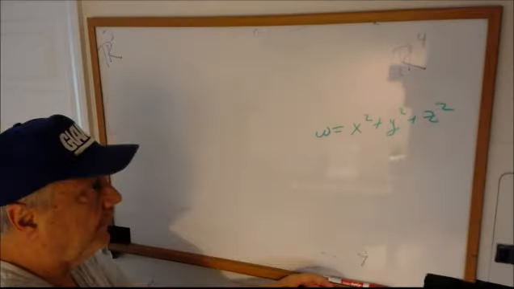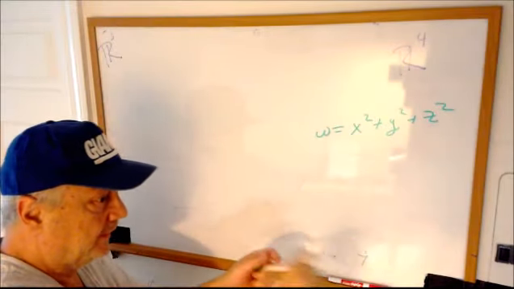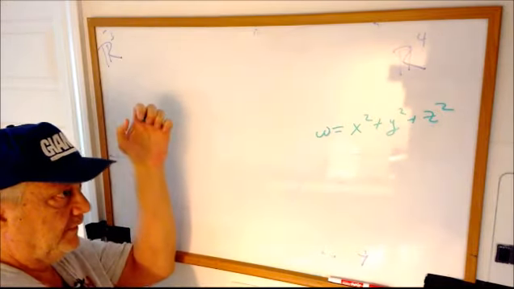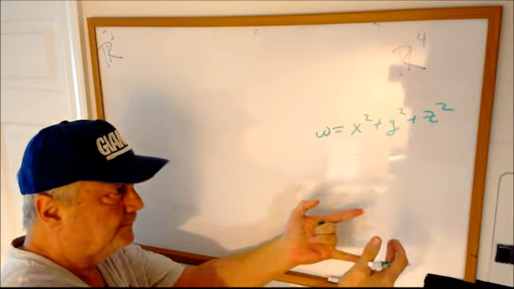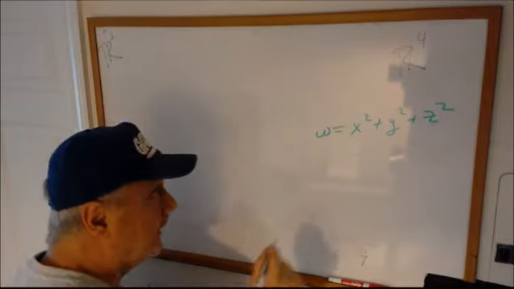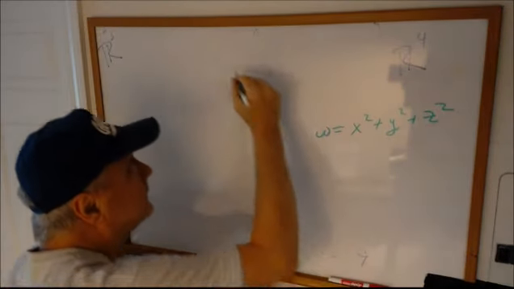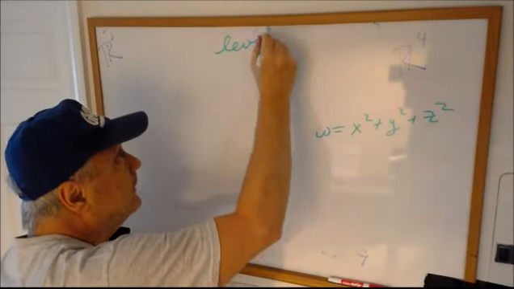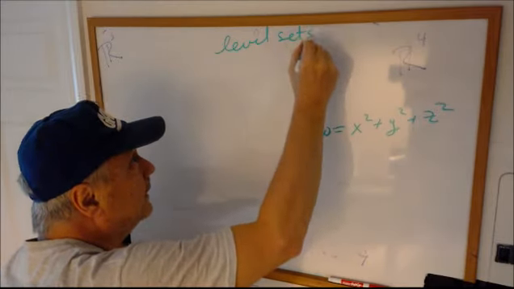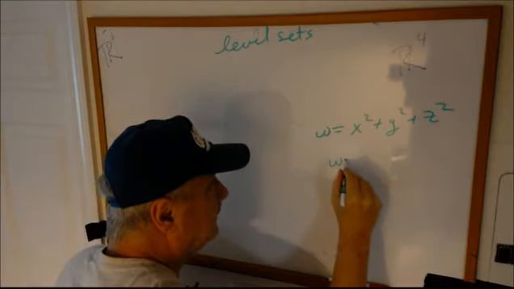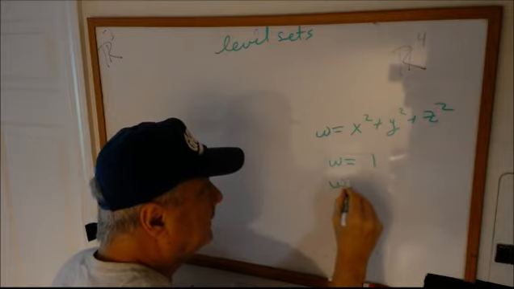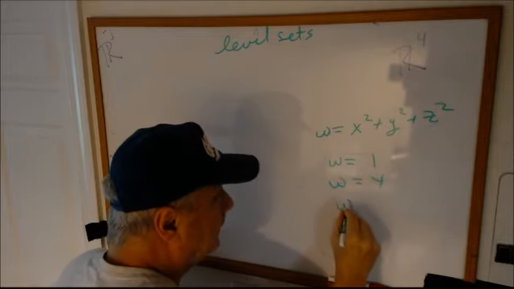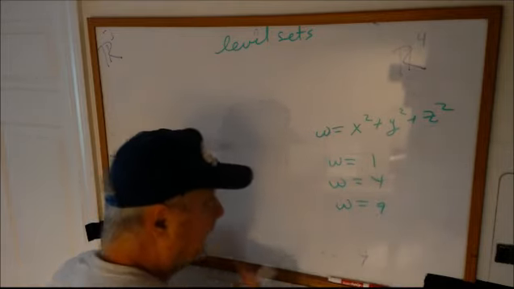Now this graph in the x, y, z, w coordinate system, you can't really draw. But we can use our trick of level sets. We're doing level sets again. And say, what about when w is equal to 1, w is 4, and w is 9?